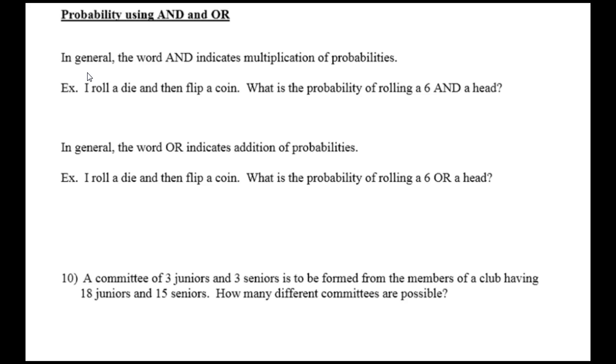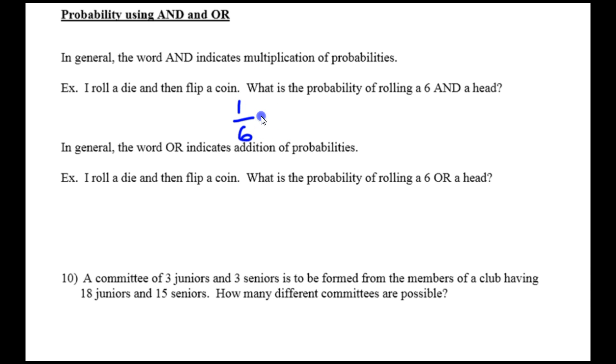Okay? So in general, if I asked you for a probability involving the word and, let's think about that intuitively. I'm going to roll a die. There's 6 possibilities. So the probability of getting a 6 would be 1 out of 6, right? If I then flip a coin and I want them both to happen, hopefully you realize that's going to decrease the probability overall.